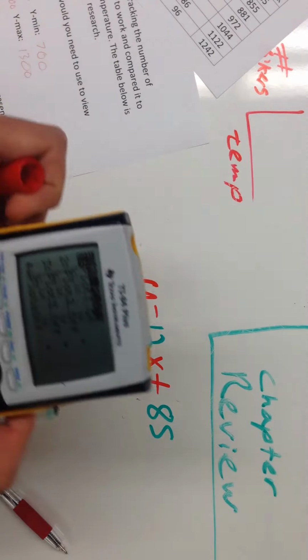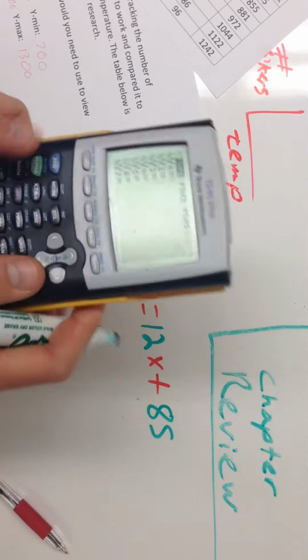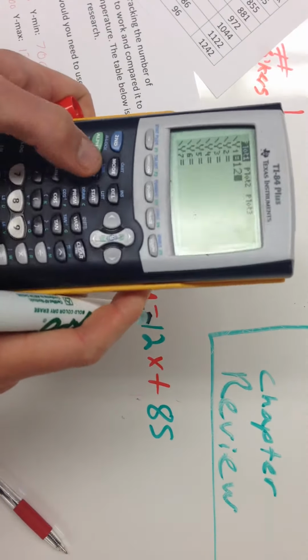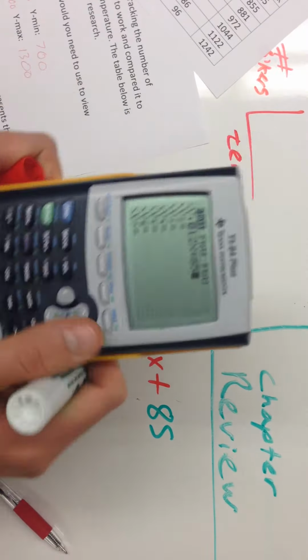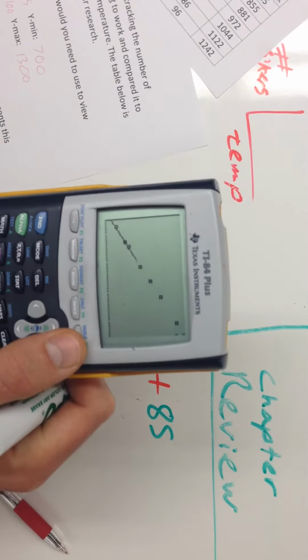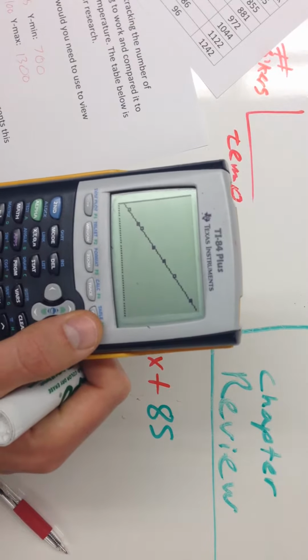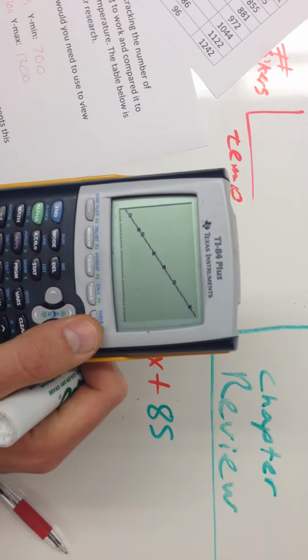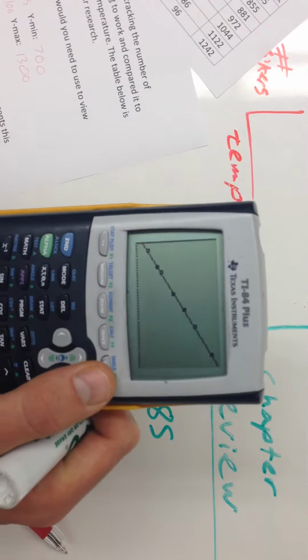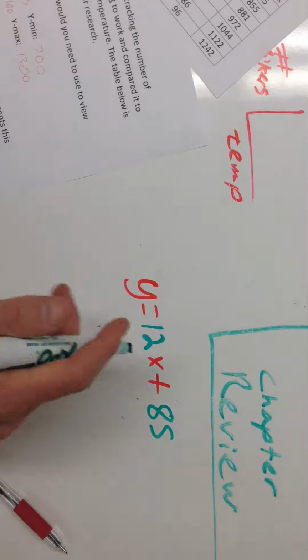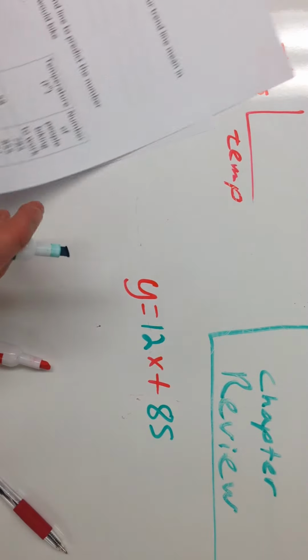And that's our line of best fit. If I go to my y equals to graph this, if I graph y equals 12x plus 85, watch what happens. That line of best fit does a pretty good job of tying some structure to those dots, right? So that's our trend line. That's the answer to B.